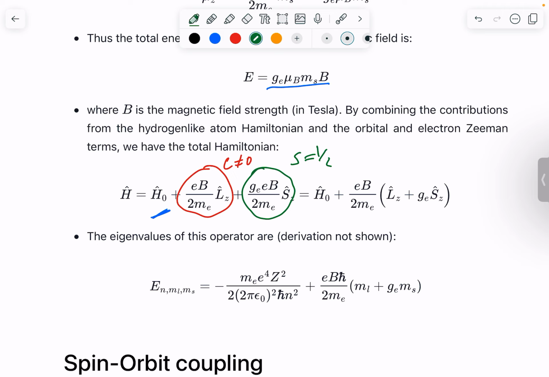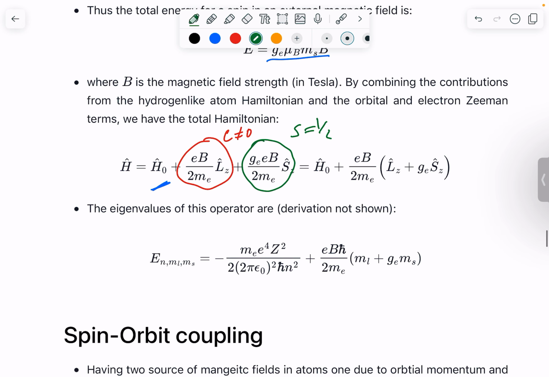If you add them together, you have your new shiny Hamiltonian, and you can plug in those eigenvalues and see the kind of energies that you get. So now your energy in the external magnetic field could potentially depend on three quantum numbers, n, ml, and ms. So you have three contributions, and this is going to lead to more complicated splitting of energies.